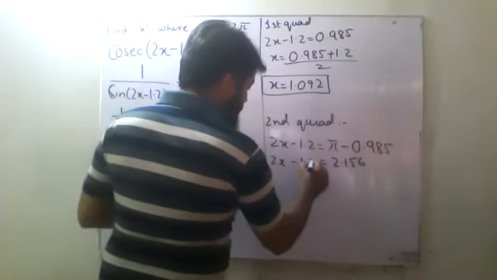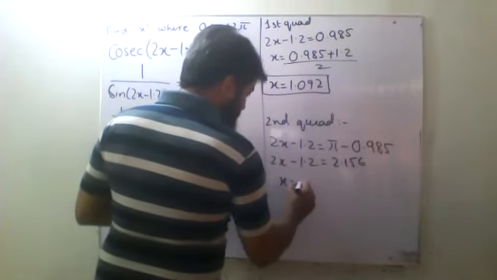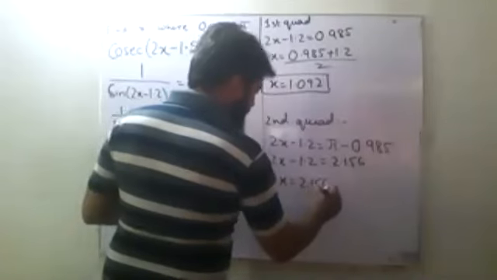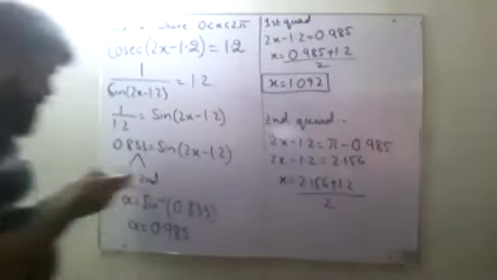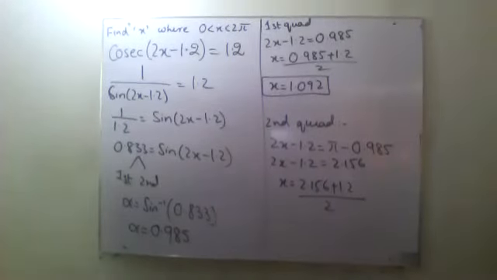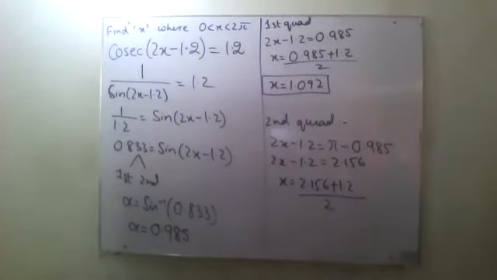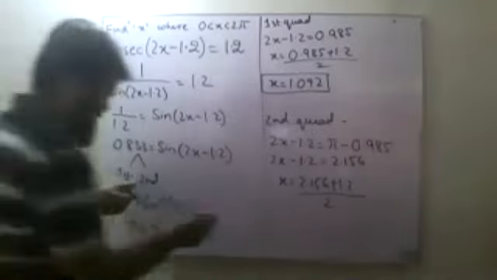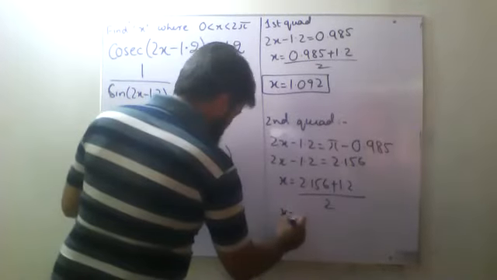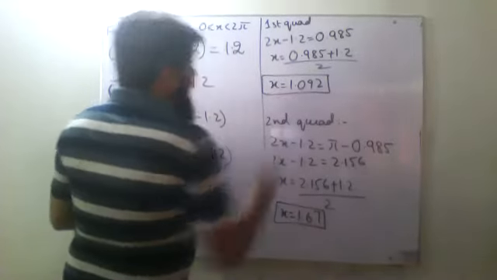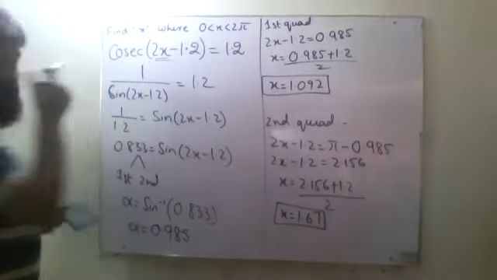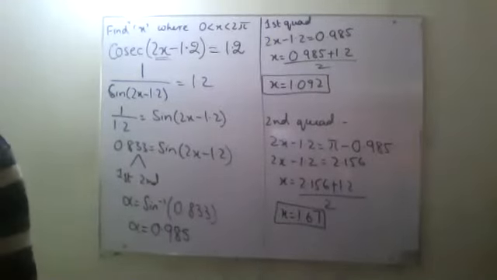So x equals 2.156 plus 1.2 over 2, and my final answer is coming x equals 1.67. Now, as it is 2x, it means there are two cycles.